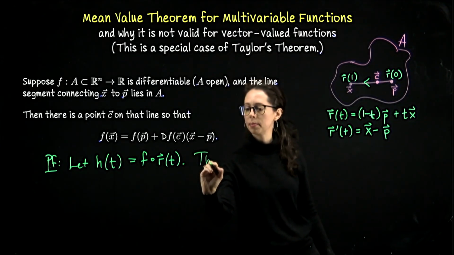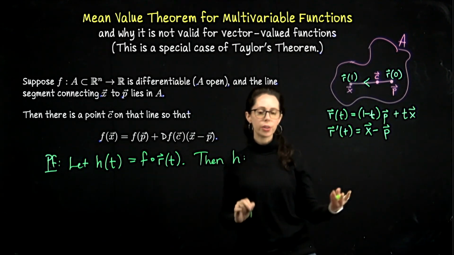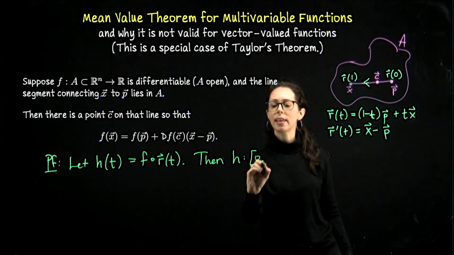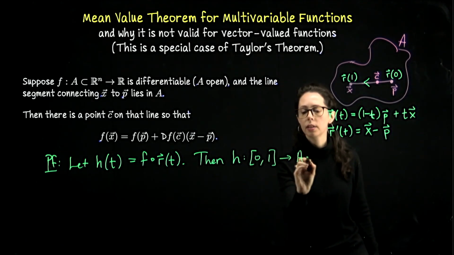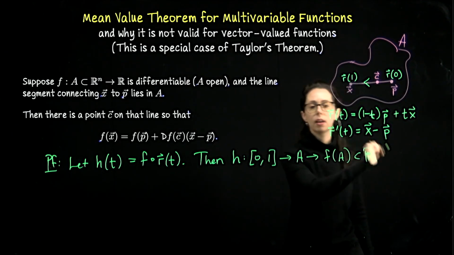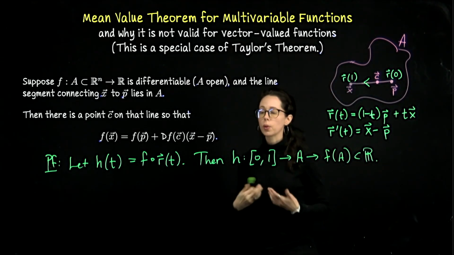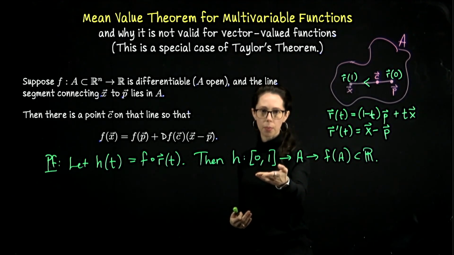Then h as a map goes from, let's say, 0 to 1. Again, you could extend that domain a little bit if you wanted to, but it goes from 0, 1 to f of a, which is a subset of R. So as a function in its own right, h is a scalar valued function of one variable.